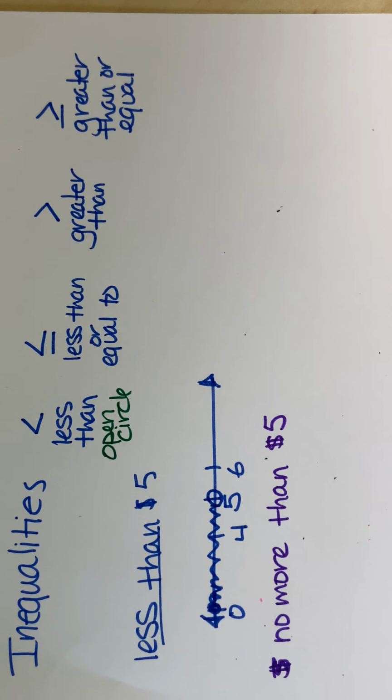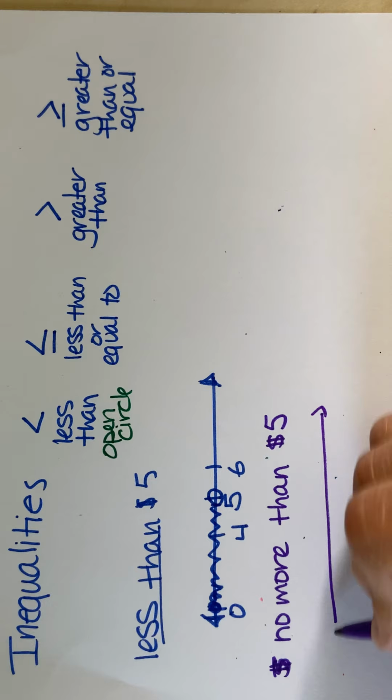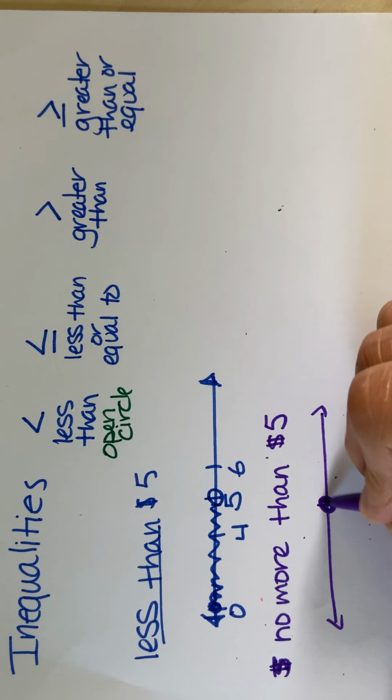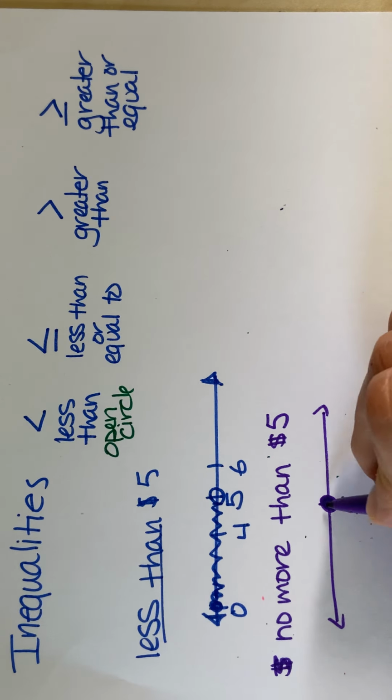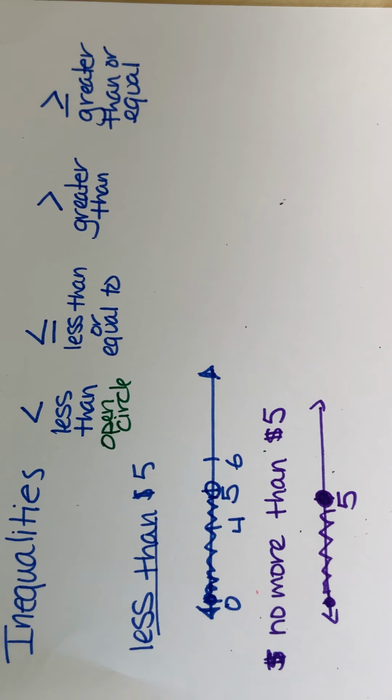That means I might have $5. I might have less than $5, but I don't have any more than $5. So that would be graphed with a closed circle. That means I might have that amount, or everything less than that, okay? And again, that would go to 0.